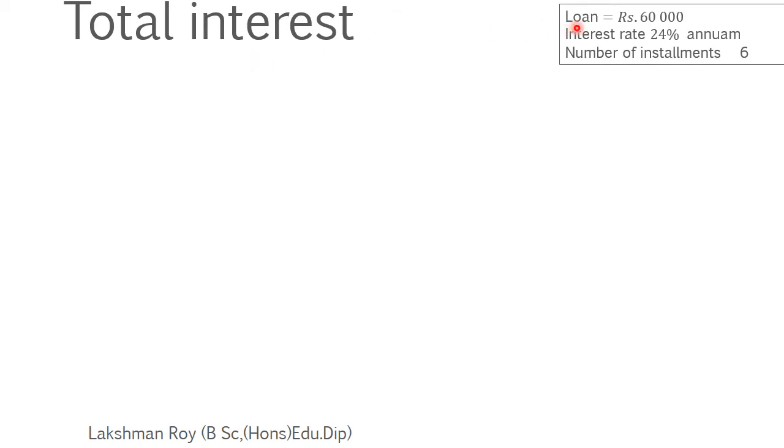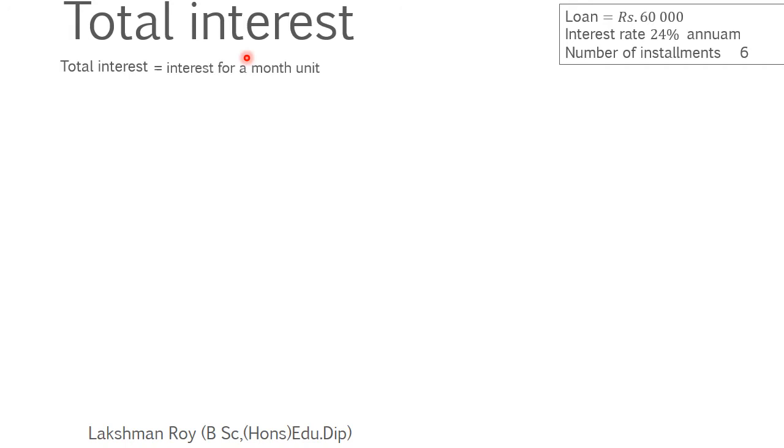Loan is 60,000 rupees, interest rate is 24% annual and number of monthly installments is 6. Now to find the total interest using this easy method, you should find two things. These two things are new to you.